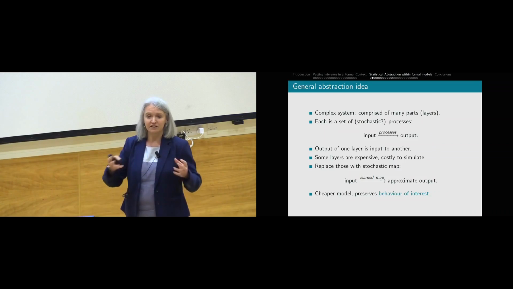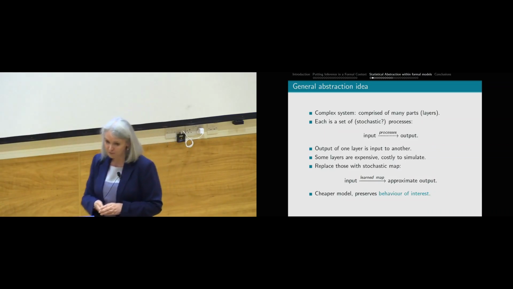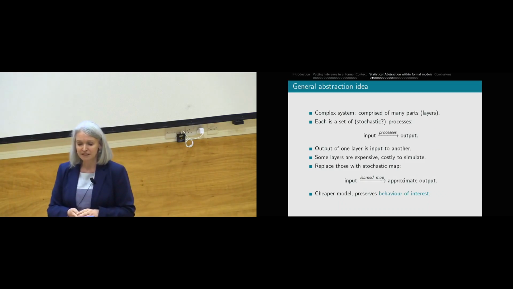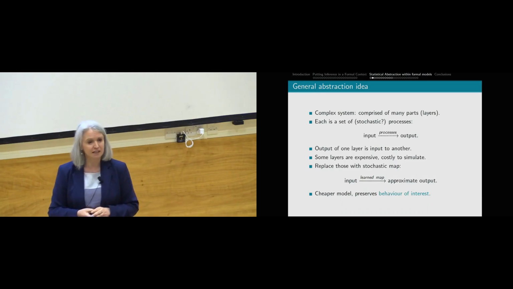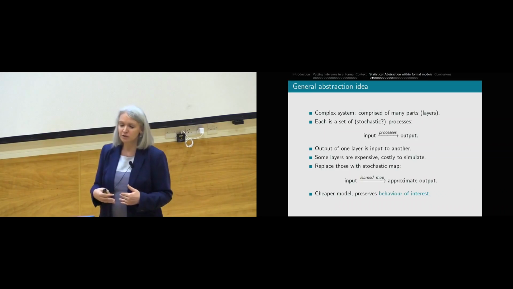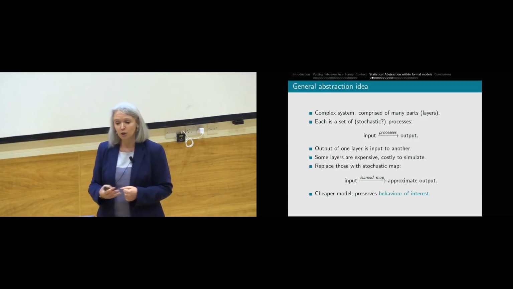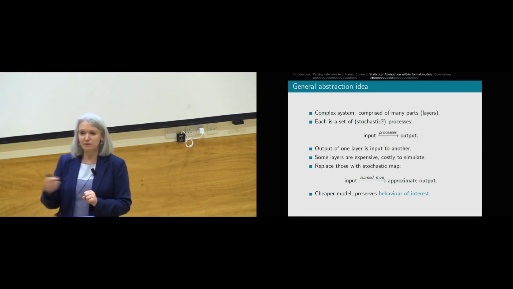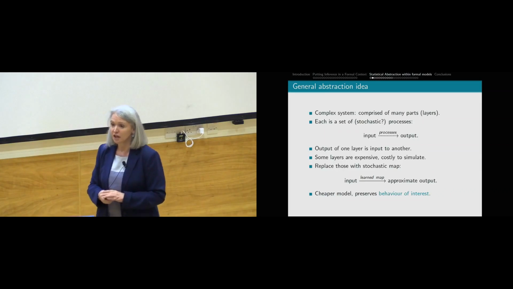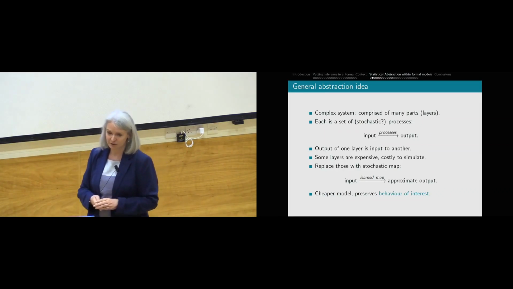And then the higher level is how the bacterium moves in space. And some layers are very expensive or costly to simulate. And in that case, what we want to do is actually reduce them to a stochastic map or a function, where instead of actually doing the mechanistic model, we just literally use a function of input to output.